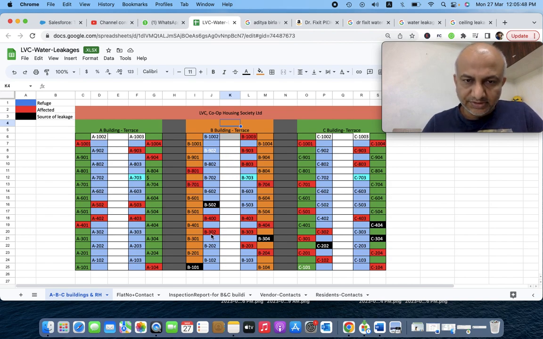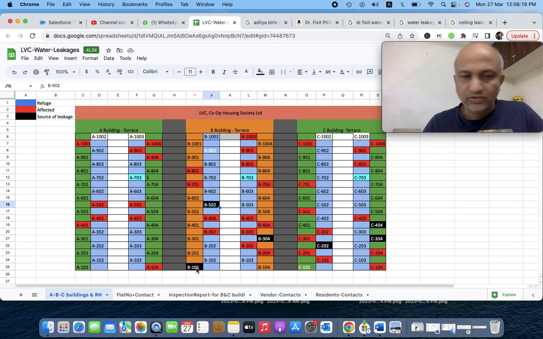So now for this case B302, 402, this should be 402, but for some naming or lucky number purpose this has 400, but otherwise it should be 402 and 502. So whichever are the affected ones I've marked as red, and the root cause I've marked as black.